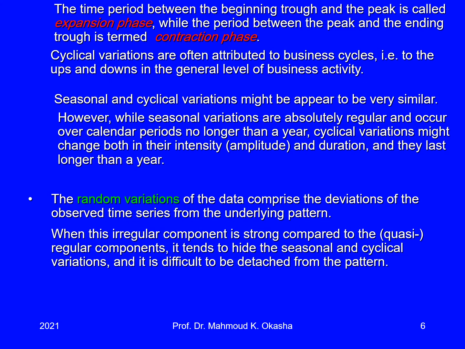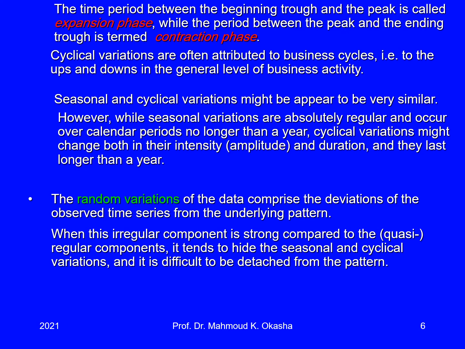When this irregular component is strong compared to the regular components, it tends to hide the seasonal and cyclical variation. Sometimes the random variation is very big and makes it difficult to extract the systematic components like cyclical and seasonal variation.